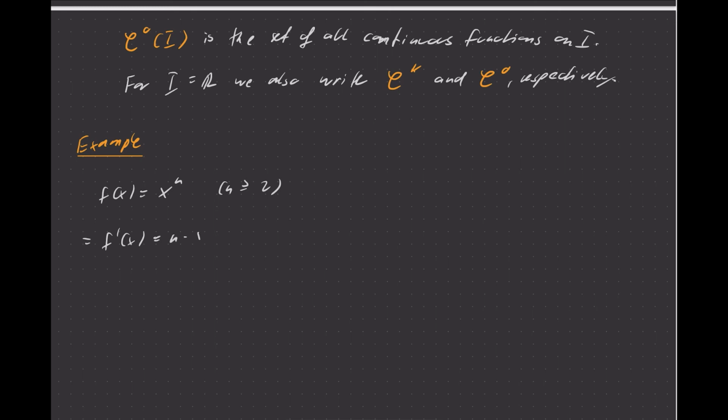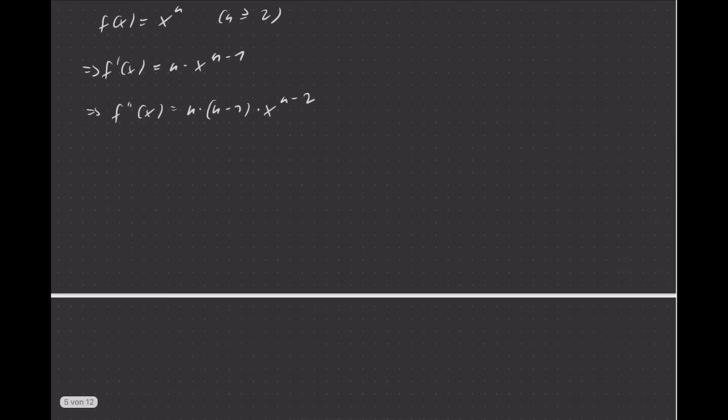That was n times x to the power of n minus 1. And of course, we can just continue to apply that same rule to this function here. And then we get f double prime of x is n times n minus 1 times x to the power of n minus 2. And in the same way, we can get the third order derivative and so on.